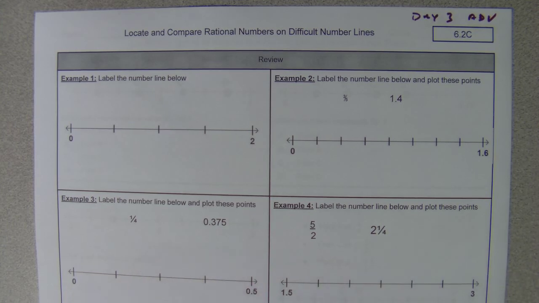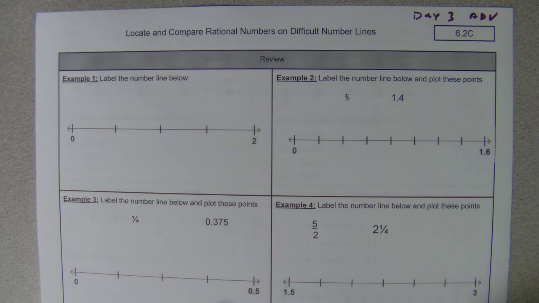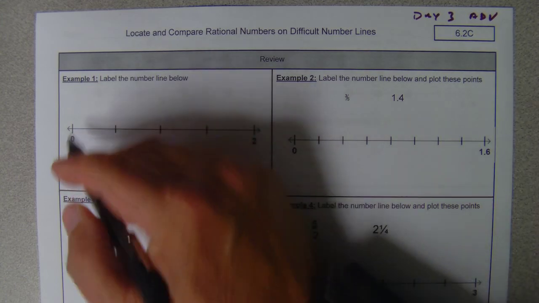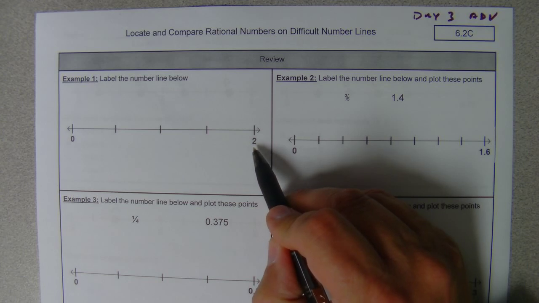The objective here is to label the number line below. Well, first off, notice that it goes from 0 to 2.